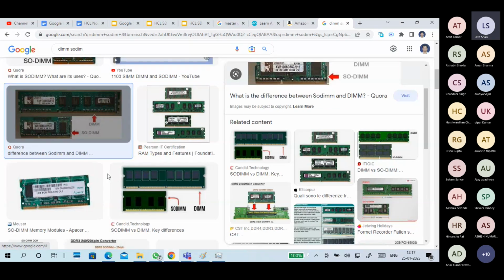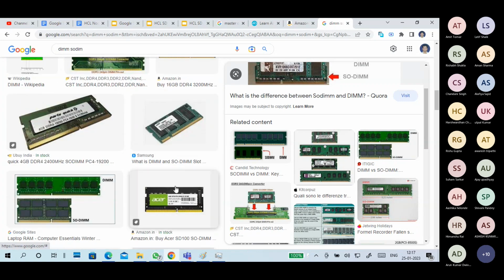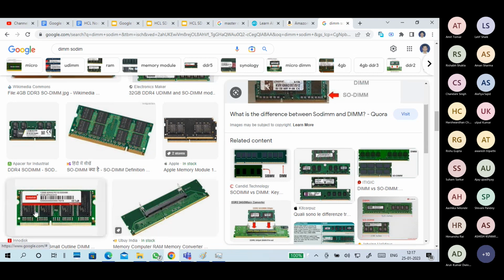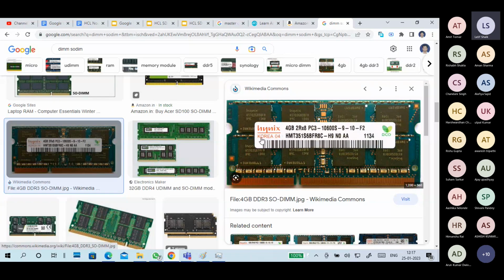This will tell you the RAM specifications. On this one, you can see the specifications: a 4 GB RAM, 10600S PC3.